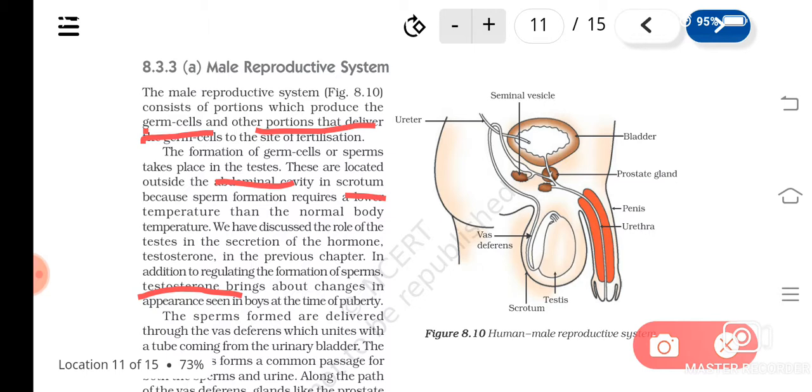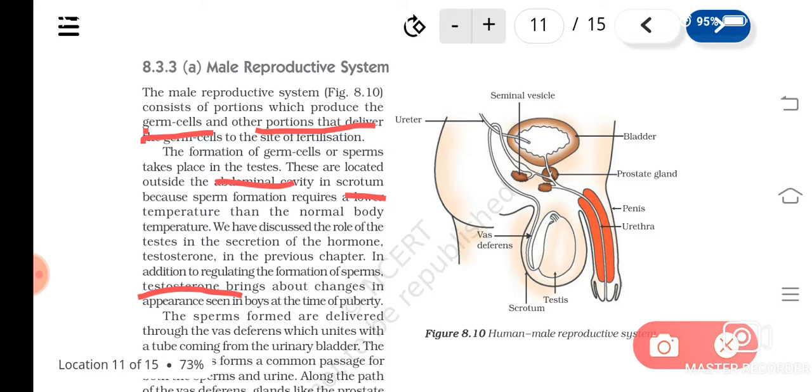They help in the production of sperms, and they also help in the production of the male hormone called testosterone. And this testosterone is very essential for the changes that appear in boys during puberty. Understood?